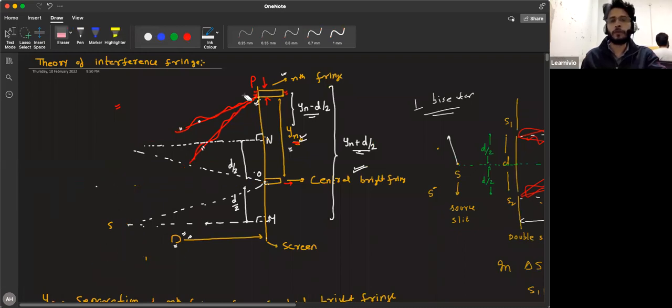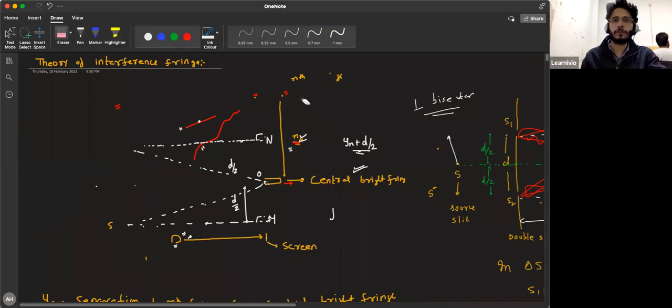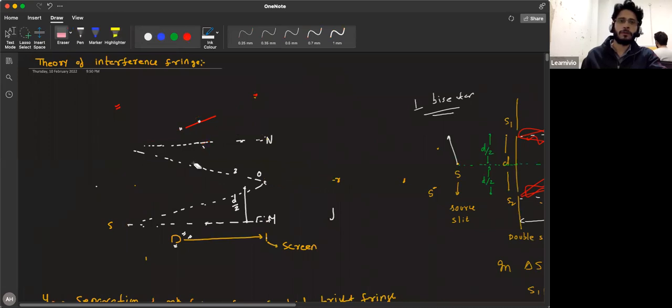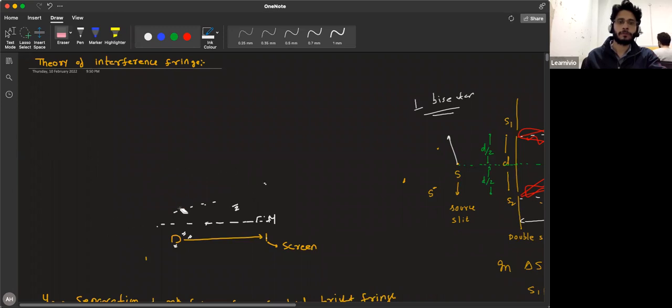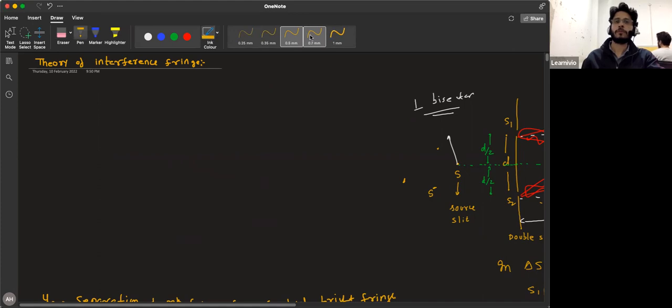The calculation is straightforward, but the number of steps is large. So we need the condition of bright fringe and dark fringe in terms of path difference.